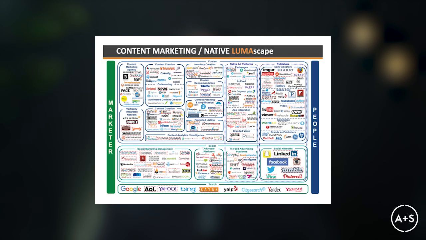A great example of the use of contrived contrast can be seen in the series of LumaScape charts from investment bank Luma Partners. These charts organize the super complex and complicated world of advertising technology by grouping similar companies together on a single page. The size of each group represents the relative number of companies in that particular area of the ad tech industry.